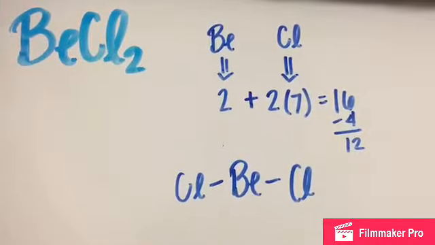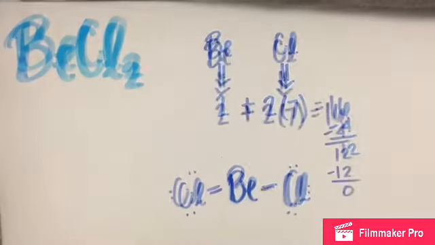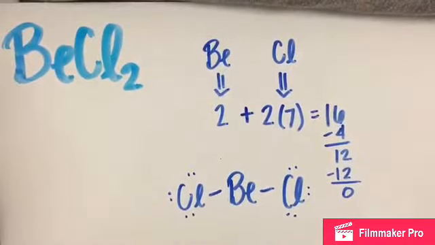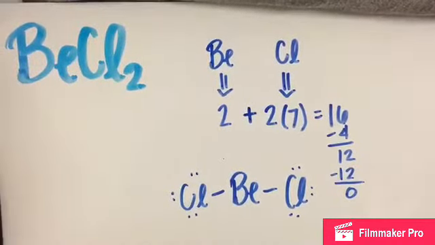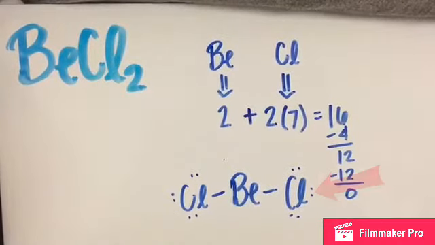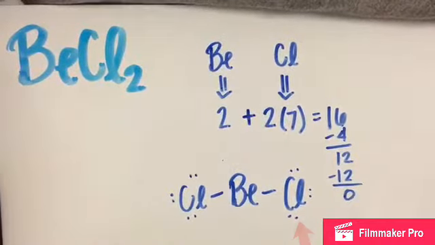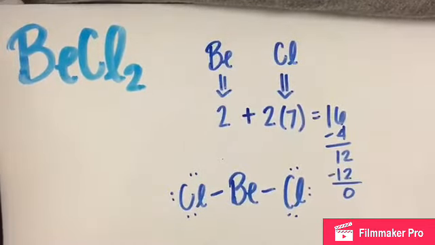Now we are going to make full octets on the outside atoms. So after we place the electrons on the outside atom, we have used 2, 4, 6, 8, 10, 12 electrons, and we are left with 0 electrons.